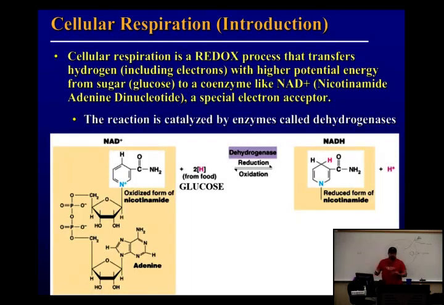So what are two hydrogens if we break them down into their subatomic elements? What are they made out of? Subatomic particles. So do hydrogens have neutrons? What's hydrogen's number?